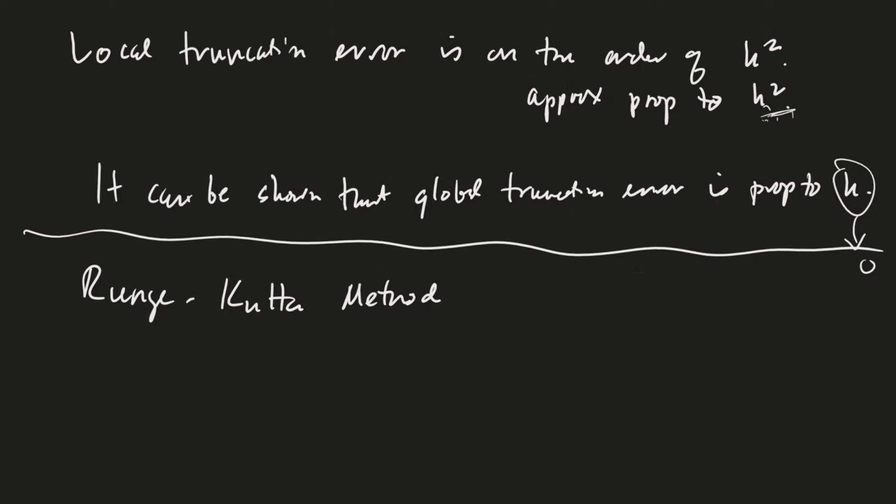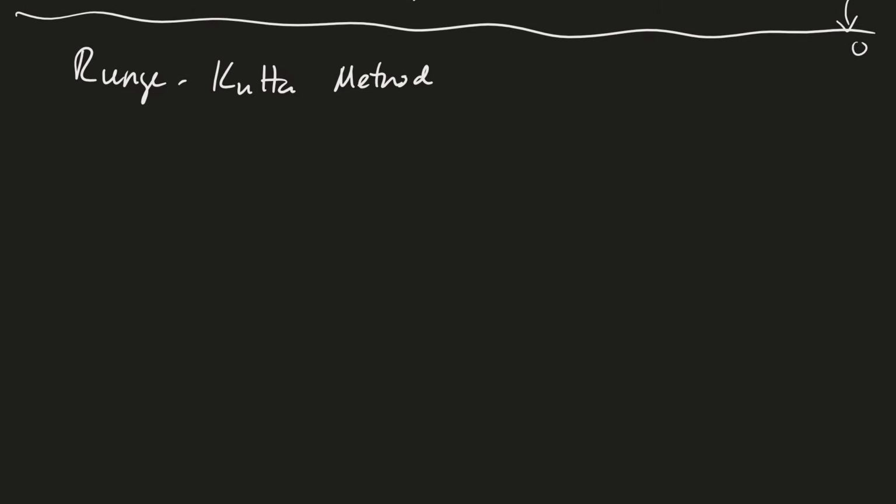Okay, and so the idea behind Runge-Kutta is that we're actually going to be taking several sample steps here. We're going to take our sample at time tn like we normally do, but then instead of going directly up to tn plus 1 like we did in the improved Euler, we're also going to take a look at what happens halfway in between. So that would be tn plus h over 2.